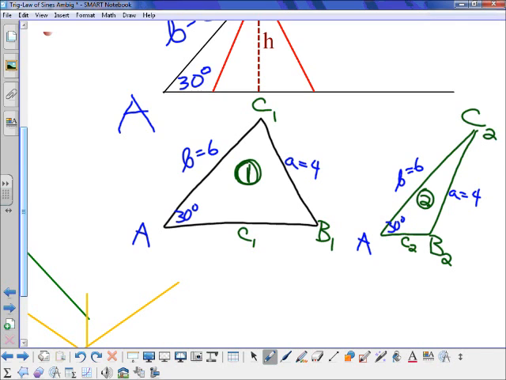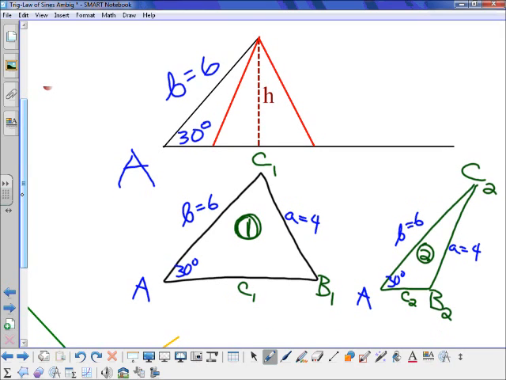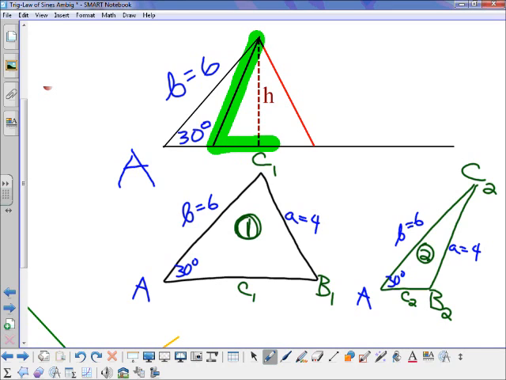Now, I left those 2 red lines up in the original setup for a reason. If we look at this triangle, what's special about it?